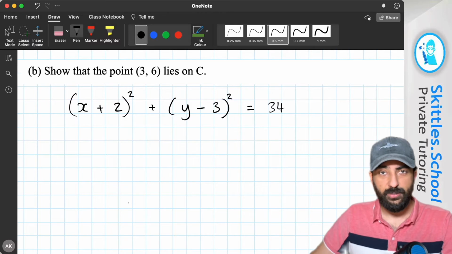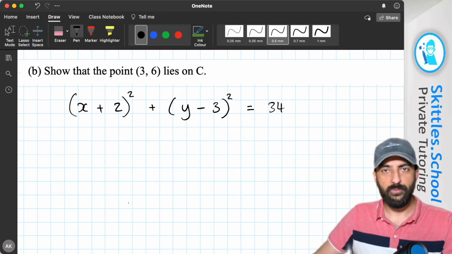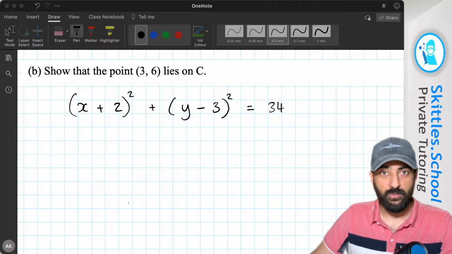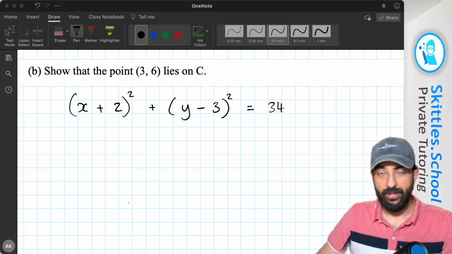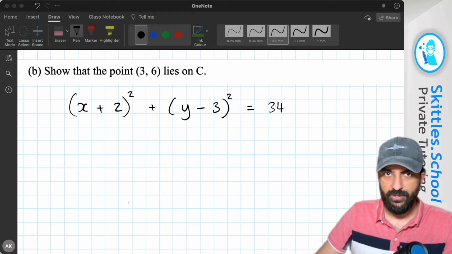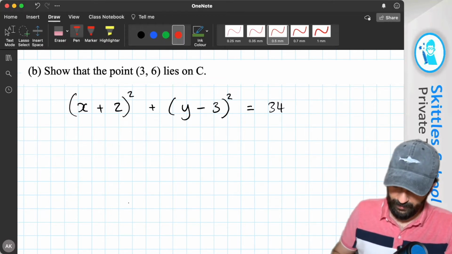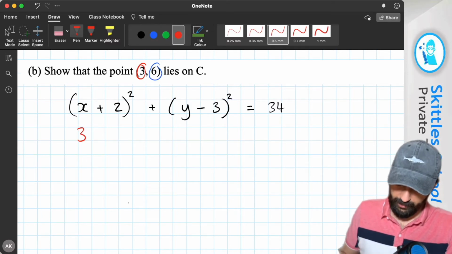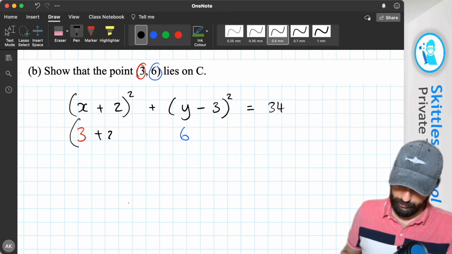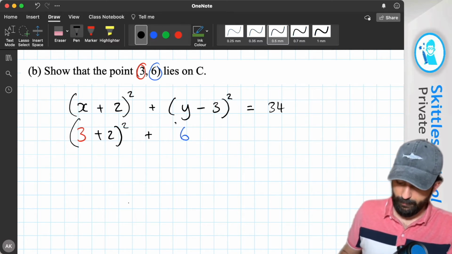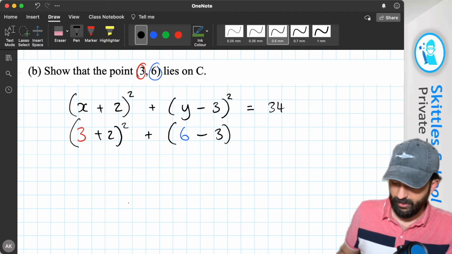Now we can substitute those two values, 3 and 6, in for x and y. If the equation balances, it is on the circle. If the equation doesn't balance, we know it's not on the circle. So let's put them in. X is 3, y is 6. (x + 2) squared plus (y - 3) squared equals 34.